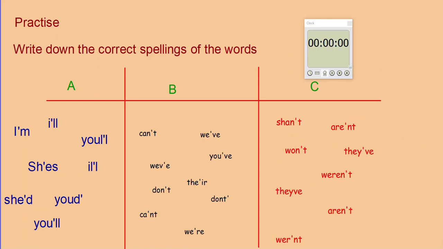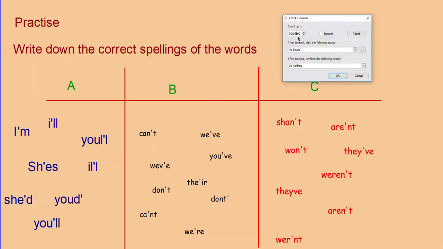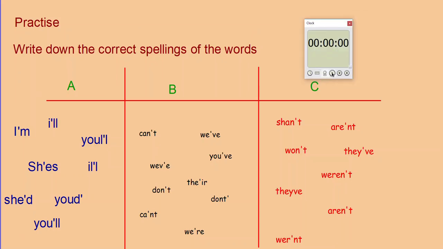All right, so now we know how to spell the words. We know what the contractions are of the expanded versions, but are we sure that we know the exact spelling? So guys, you will see you've got Group A's work here, Group B and Group C. I'm going to give you 2 minutes to complete this task. And this time what I want you to do is just write down the correct version.